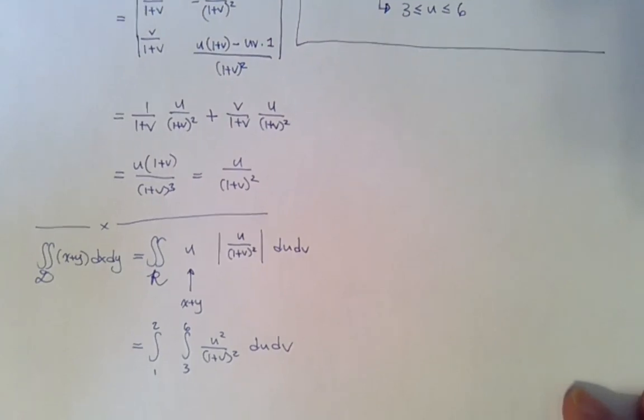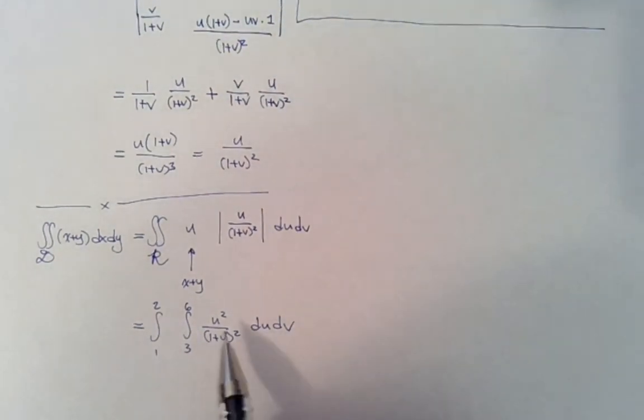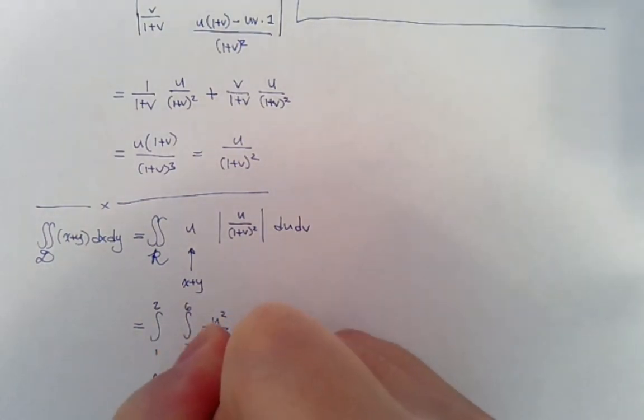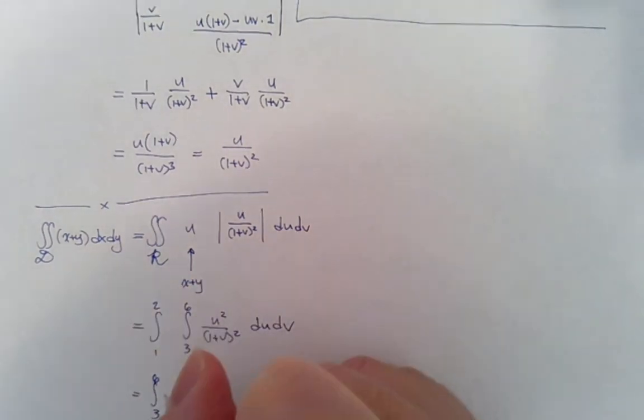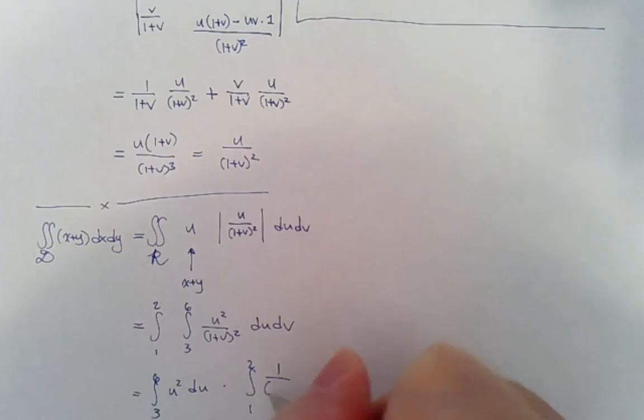This is again one of those special integrals that can be factored into just u's and just v's. So we have two single variable integrals: the integral of u du times the integral of 1 over 1 plus v squared dv.